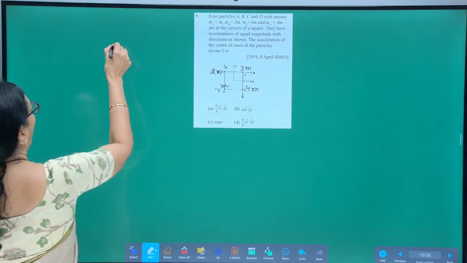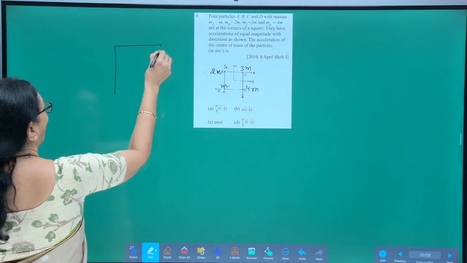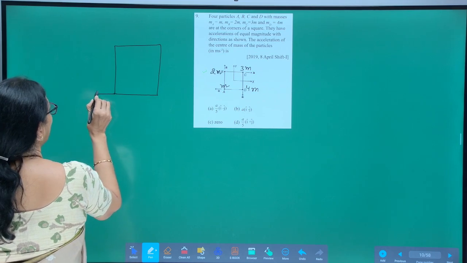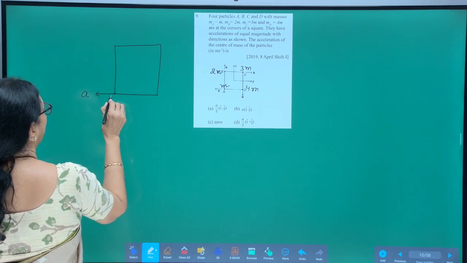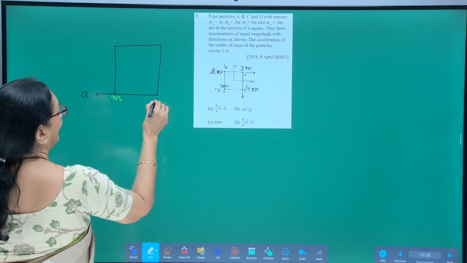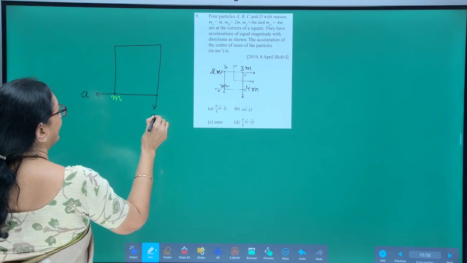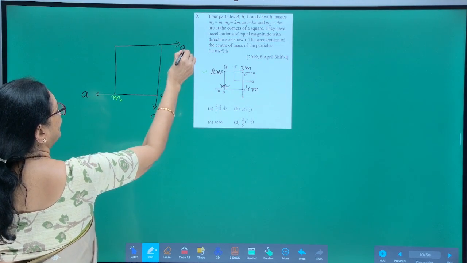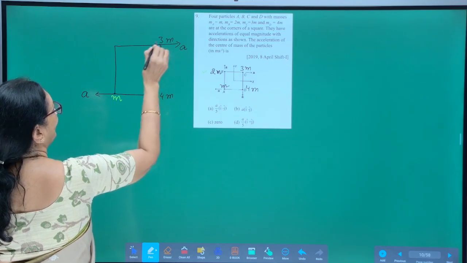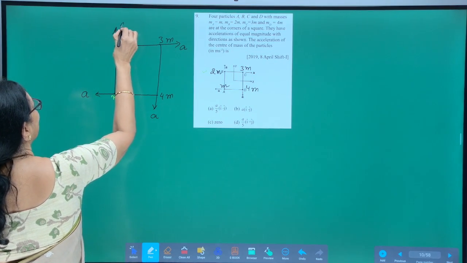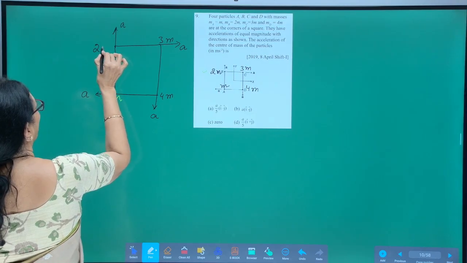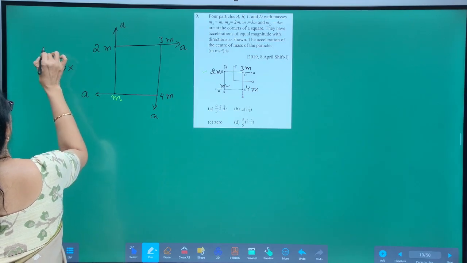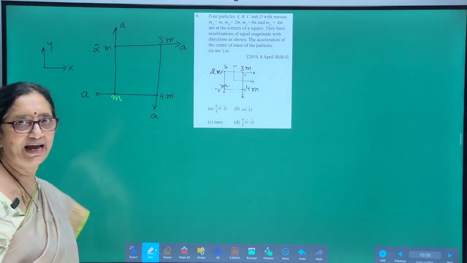See here, I am redrawing that diagram. Acceleration is in this direction, mass is m. Acceleration is in this direction, mass is 4m. Acceleration is in this direction, mass is 3m. Acceleration is in this direction, mass is 2m. Let us take this as positive x-axis, this as positive y-axis.